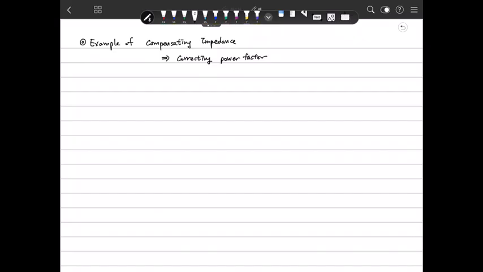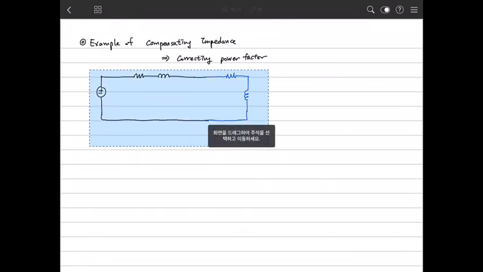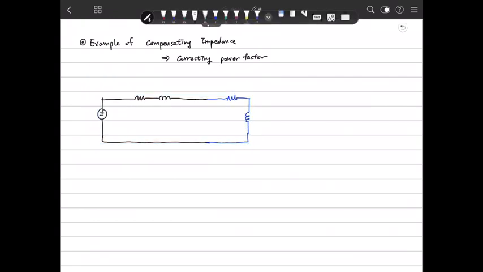So the meaning of that is, we have the source here with one line impedance like that, and there is a load. We have the load here, this resistor and the inductance looks like that. This is connected this way. This is the line impedance, the transmission line impedance.